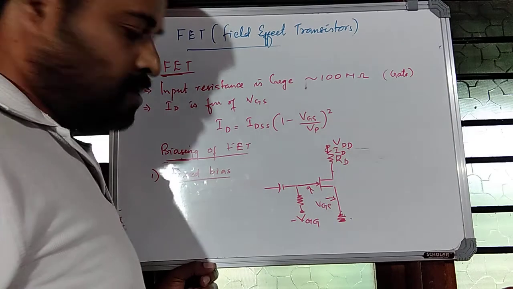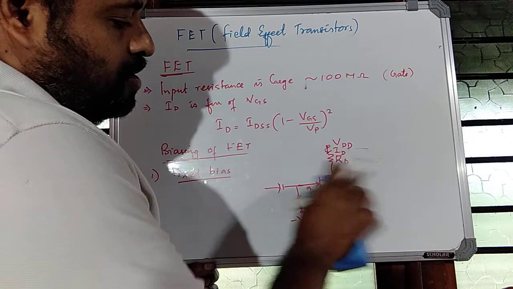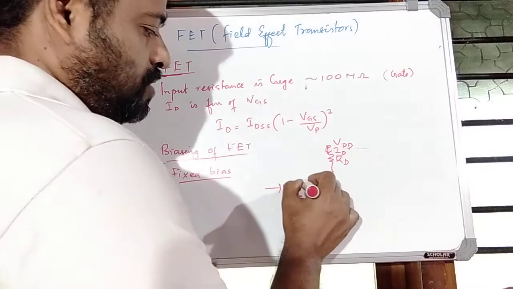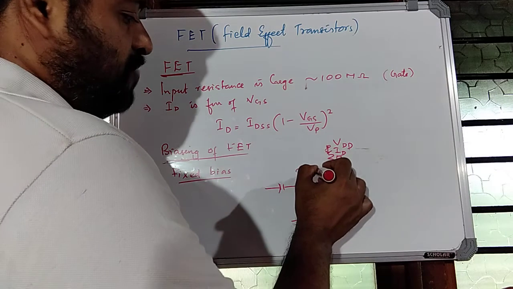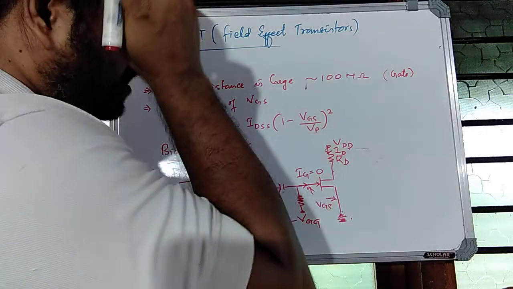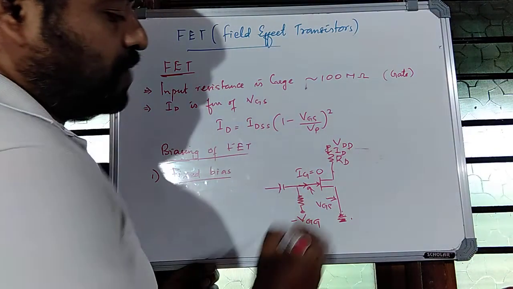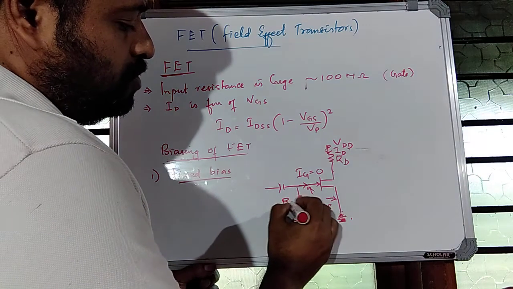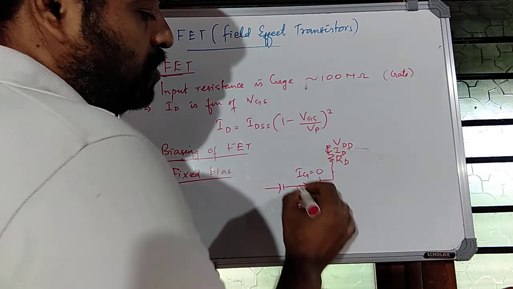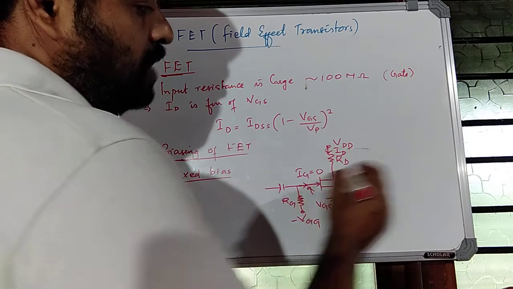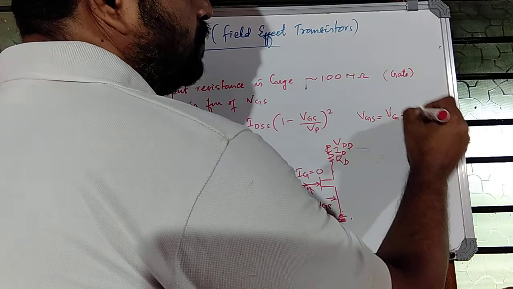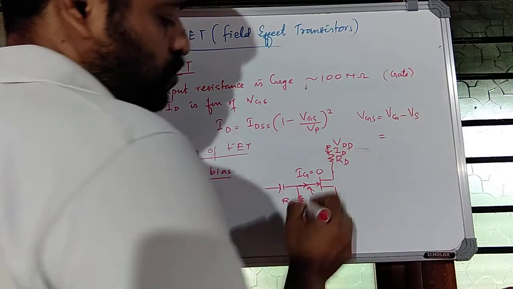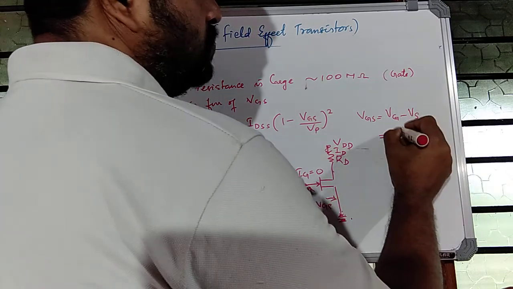Okay, so since the current flowing into the gate terminal of the FET is 0, IG equal to 0, the drop across RG is 0. So the voltage at the gate terminal, VGS, is VG minus VS. VG is connected to minus VGG.